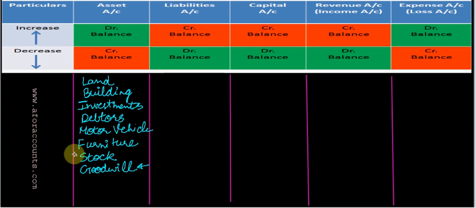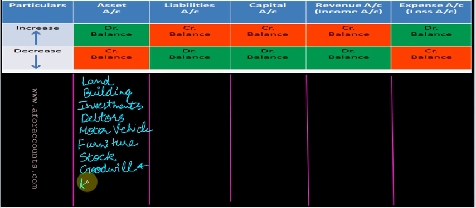So these are tangible assets, but goodwill you can't touch, although it may be of great value to some organizations which they have earned over a long period. The asset which has a value but you can't touch, it doesn't have a physical existence, is called an intangible asset. So goodwill is also an asset.